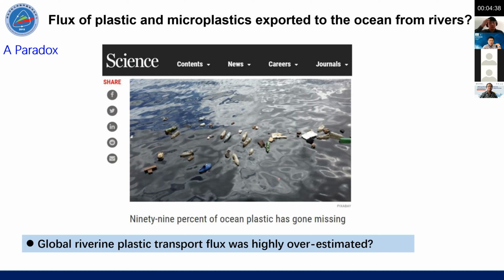This has become an essential knowledge gap on the state of marine plastic. While many theories have been proposed trying to fill this gap, one of the potential answers is that previous global riverine plastic transport flux was highly overestimated.